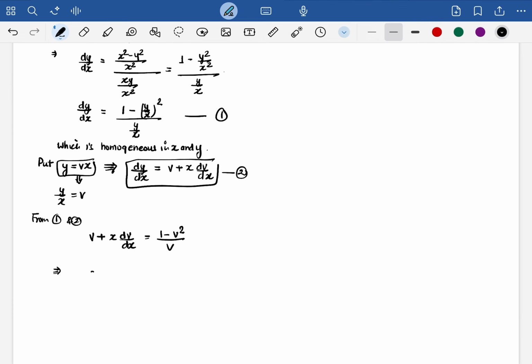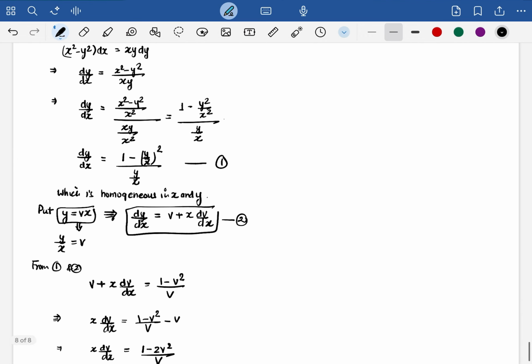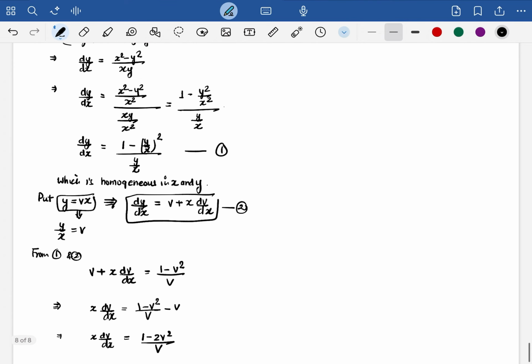So now x dv by dx is equal to (1 minus v square) by v minus v, or can we say x dv by dx is (1 minus 2v square) by v. Okay, now apply the method of variable separable.